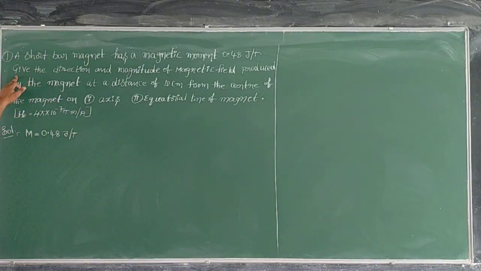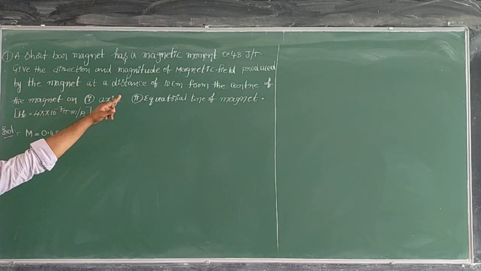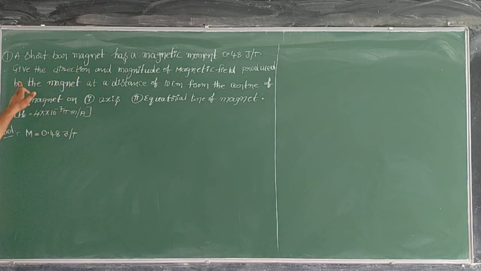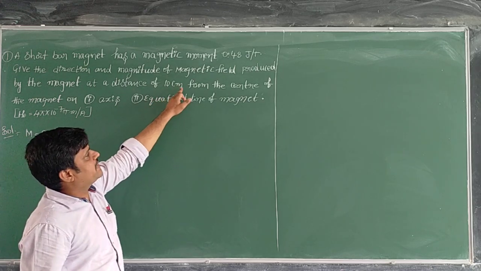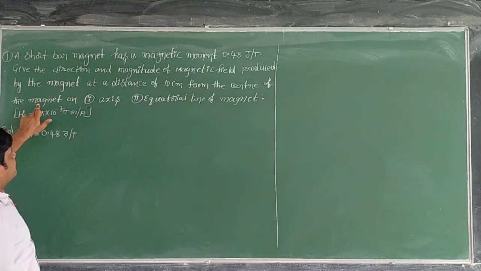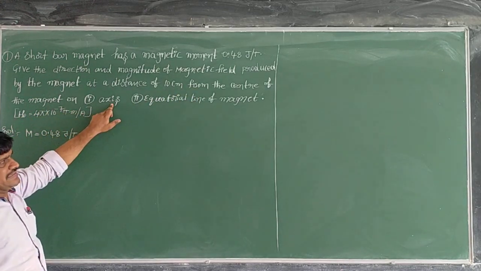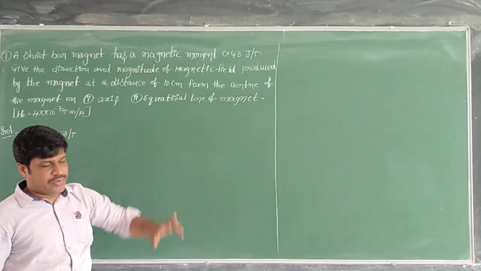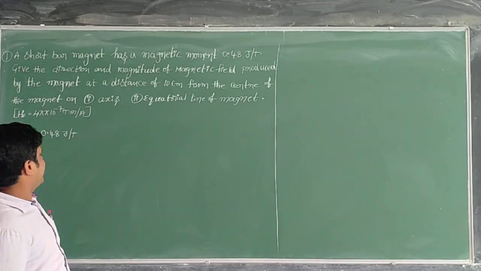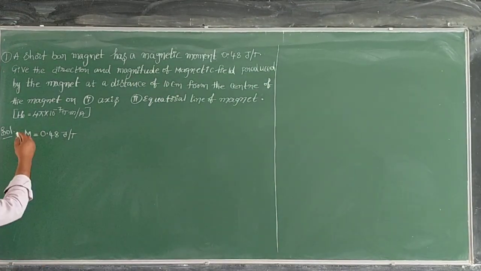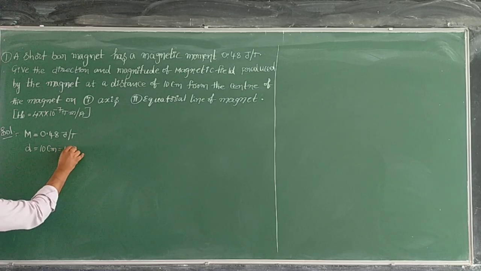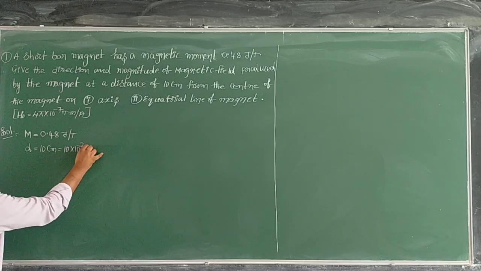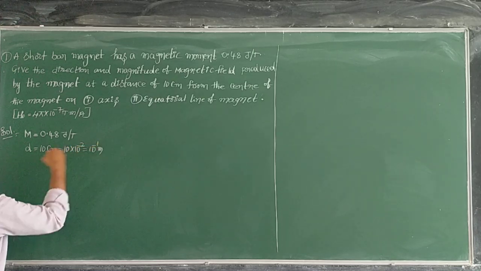Question: give the direction and magnitude of the magnetic field produced by the magnet at a distance of 10 centimeters from the center of the magnet, on the axis and on the equatorial line of the magnet. Distance is given: 10 centimeters, that is 10 into 10 power minus 2, equal to 10 power minus 1 meters.